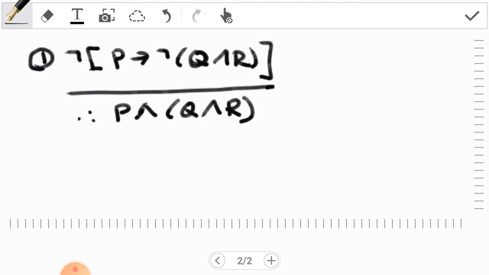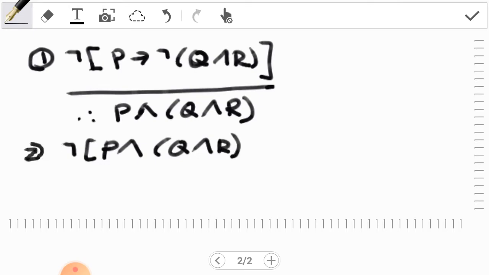This is our conclusion. So according to the rule of indirect proof, whatever conclusion is given, what we simply need to do is negate that conclusion. And when we negate that conclusion, this becomes a new premise. So we now label this as 2 because we have only one premise.